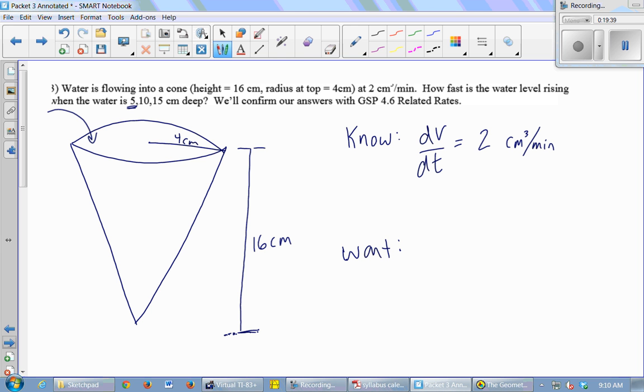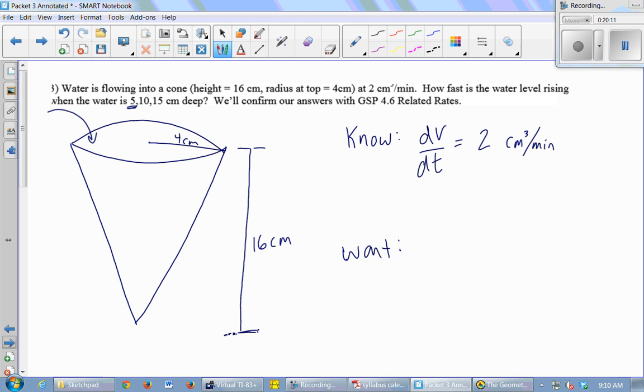What do I want to know? dH/dt. I haven't drawn an H in this picture. Where should I put it? The H is going to represent the height of the water in my cone.